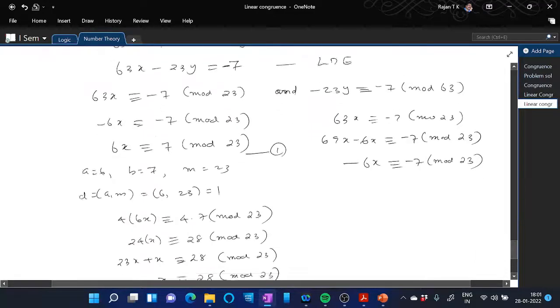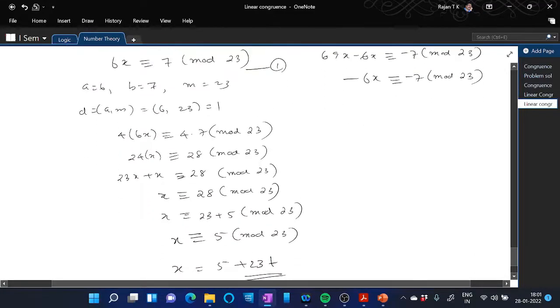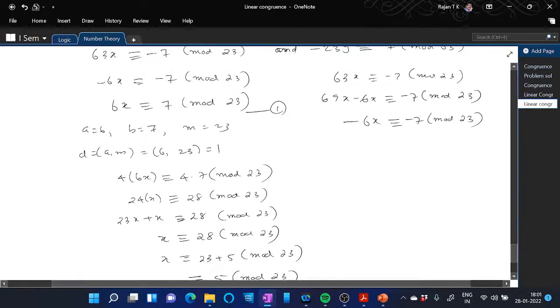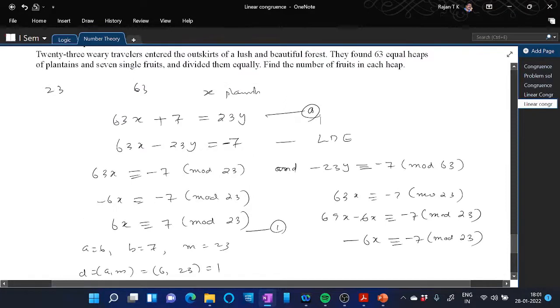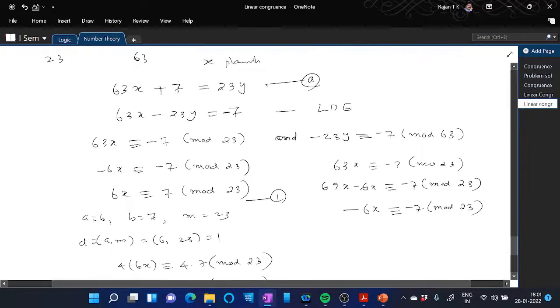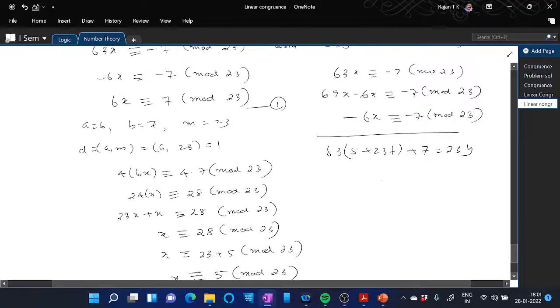In place of x, we substitute 5 plus 23t. So substituting x equal to 5 plus 23t, we get 63 into 5 plus 23t plus 7 equal to 23y, which gives y equal to 14 plus 63t.